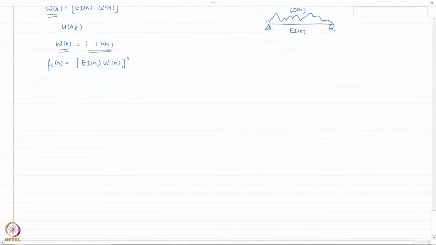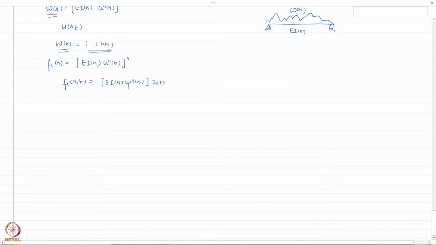So I can write my f_s, at any time instant, as EI(x) times phi double dash, and I can take z(t) outside.